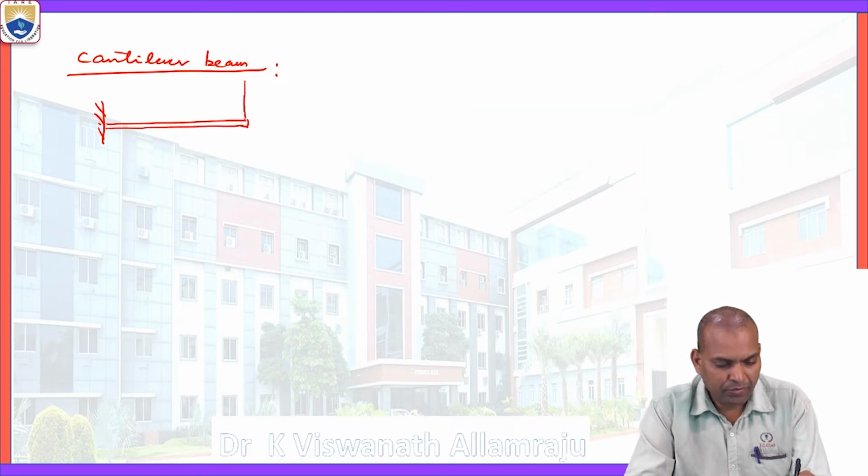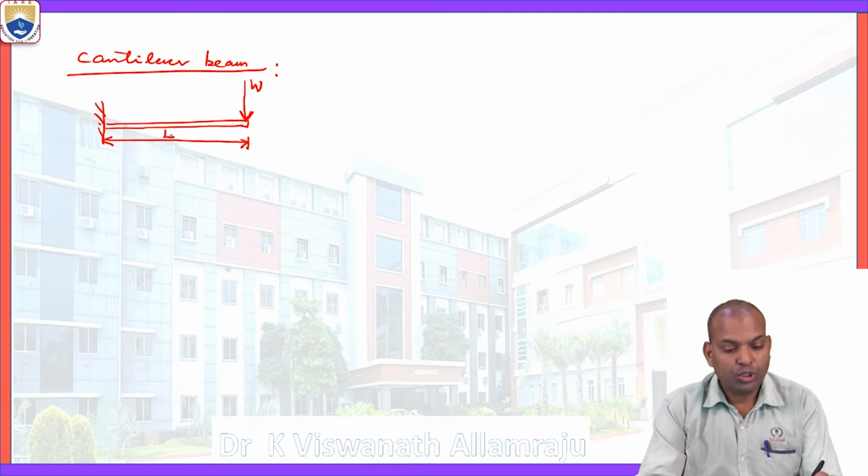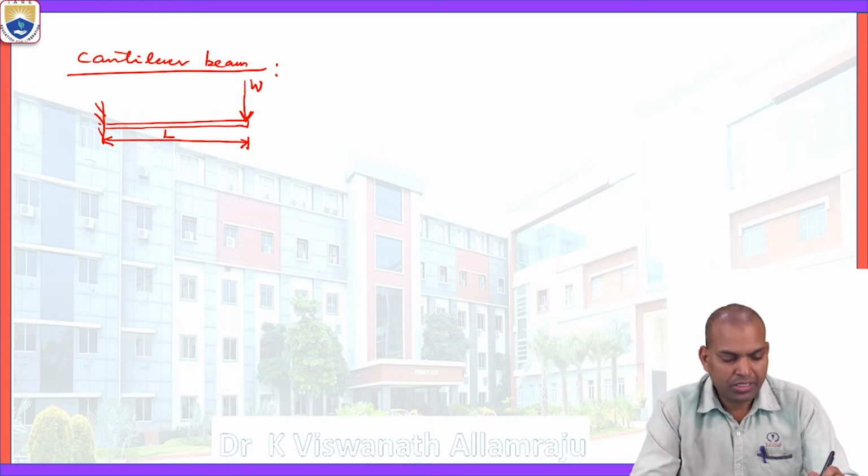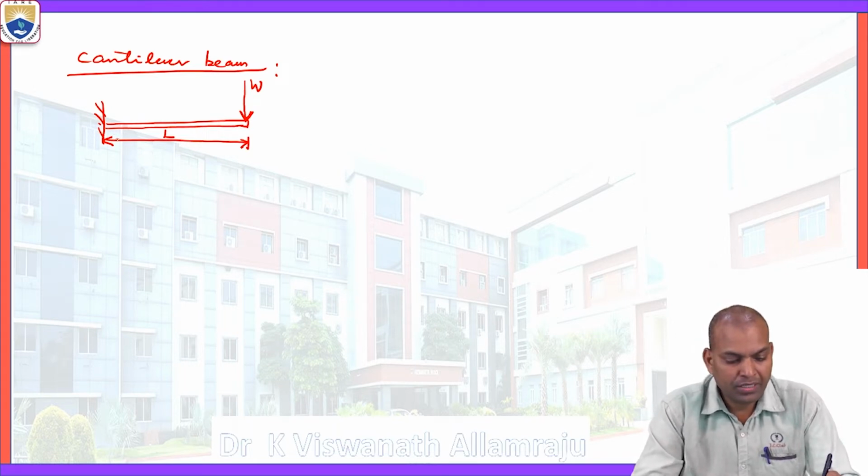On the cantilever beam, there is a point load acting. The length of the beam is L. This point load W causes a stress in the beam that is known as a bending stress.